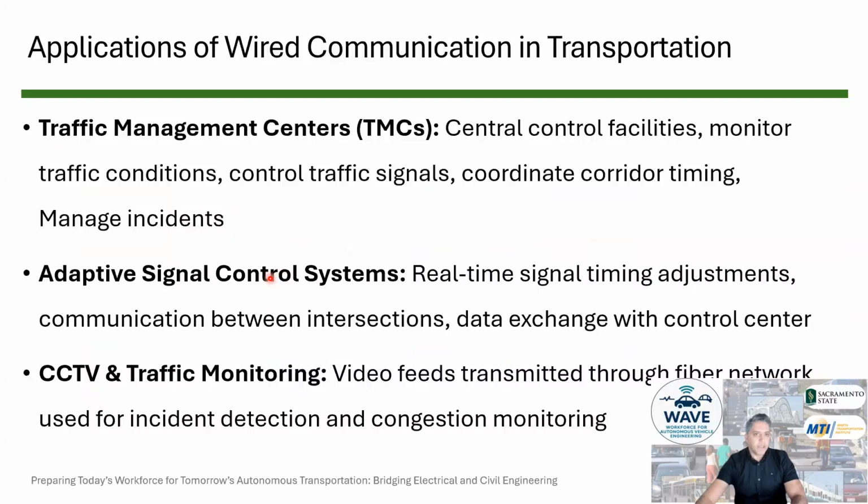Adaptive signal control systems involve real-time signal timing adjustment, communication between intersections, and data exchange with the control center. These are some applications that use wired communication, along with CCTV and traffic monitoring, like the security control cameras.